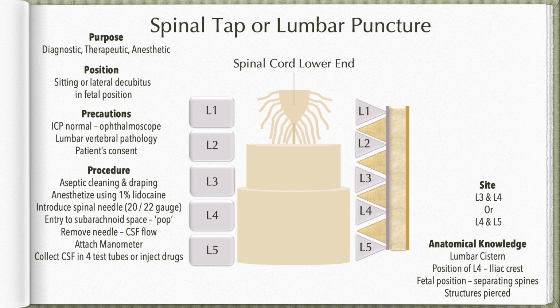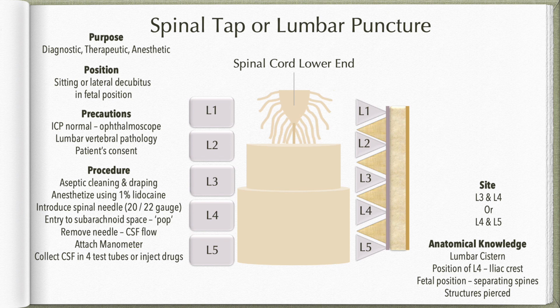Introduce the spinal needle. Either 20 or 22 gauge needles are used. When you are pushing the needle through the layers before reaching the subarachnoid space, it will face resistance. But when it finally enters the subarachnoid space, there is a sudden cessation of resistance resulting in a popping sensation. So that's the classical sign that you have now entered the subarachnoid space.